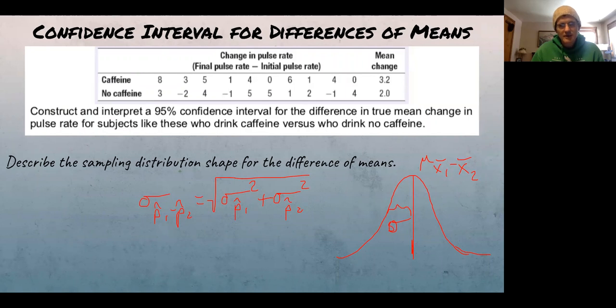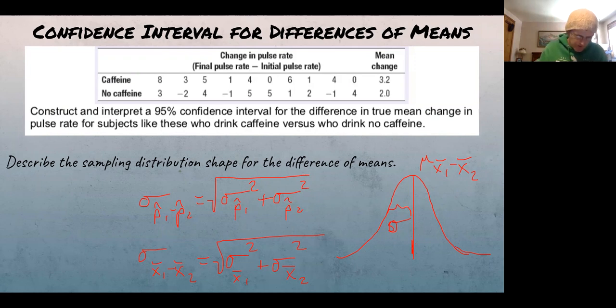We're going to do the same thing here, but now switching out proportions with means. So it's going to be the variance of x bar sub 1 plus the variance of x bar sub 2. This is the standard deviation of the distribution of x bar sub 2. Now we can work with this idea.